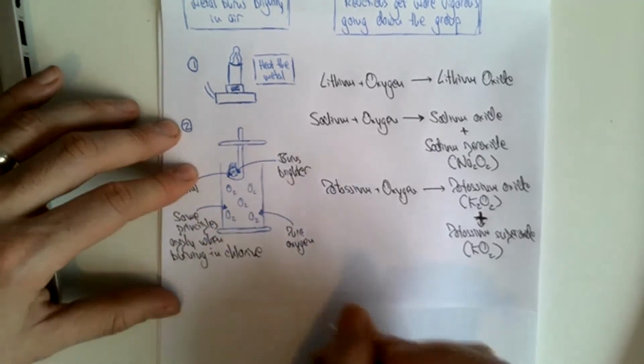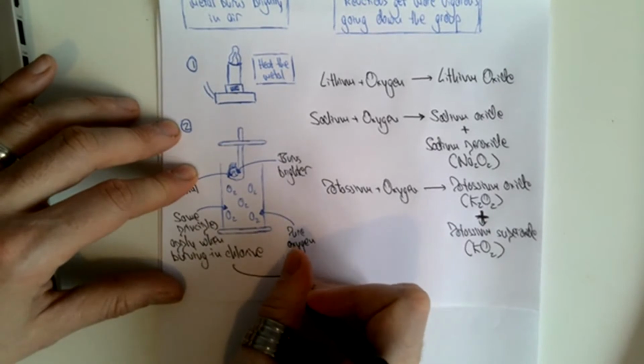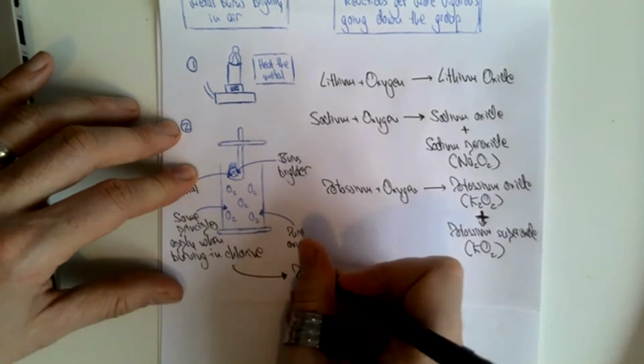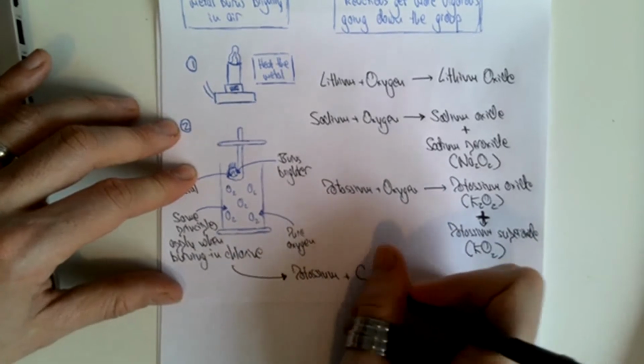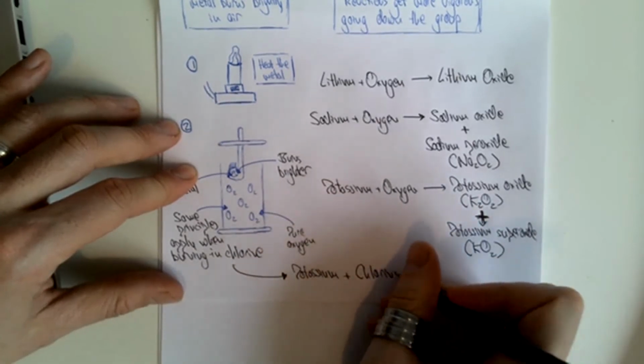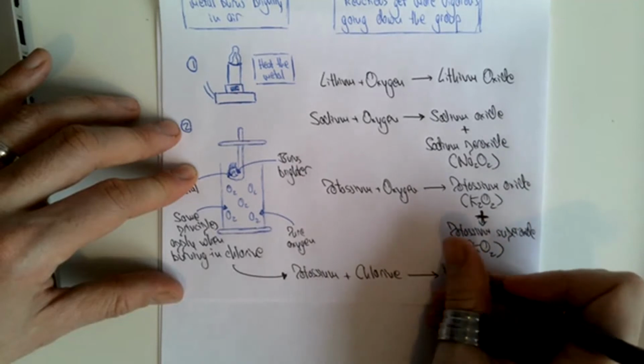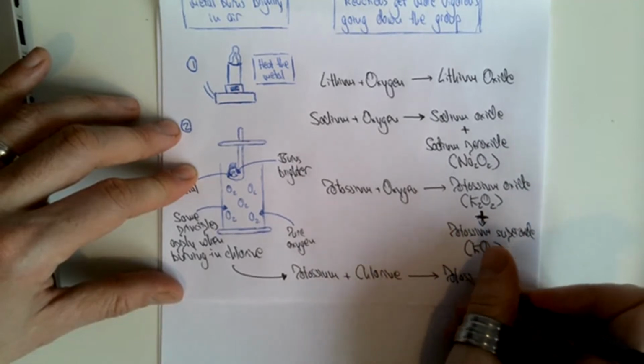So you might have an example of potassium being heated and burnt in chlorine gas, which would form not potassium oxide but potassium chloride.